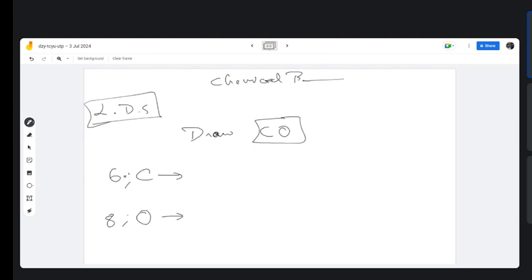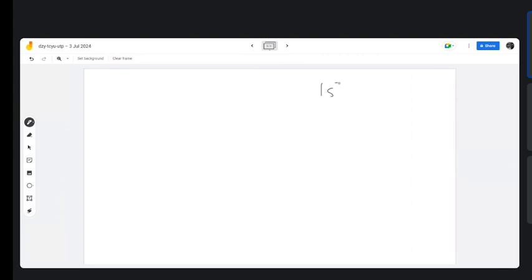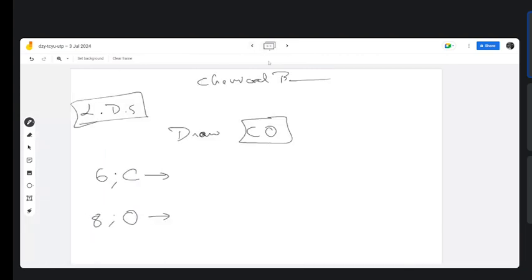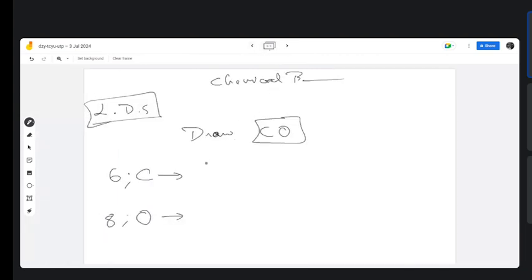In your PUC, the electronic configuration goes like 1s2, 2s2, all those things ignore right now, not required. Just like the ICSE way, write it: 2,4 and 2,6. But if you remember the rule I told you, look at the valence electrons only. In other words, carbon has 4 valence electrons, oxygen has 6 valence electrons.